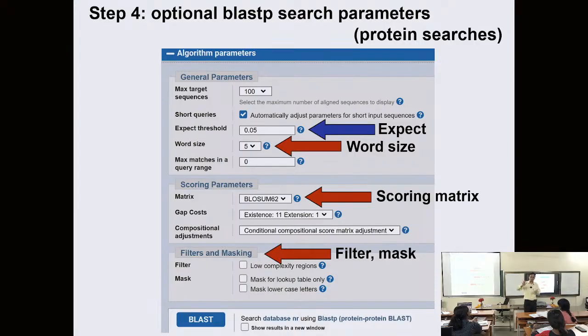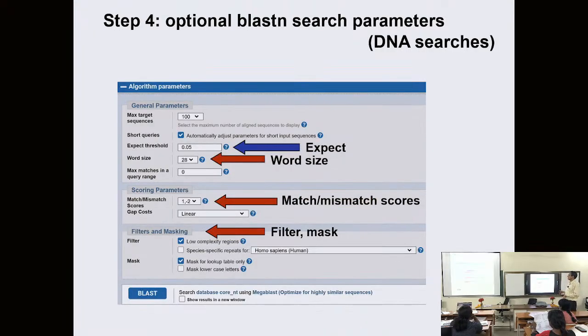So you would want to mask these low complexity regions, these repeats, so that the hits returned are not just statistically significant, but biologically significant also. Okay, so all these you now understand.